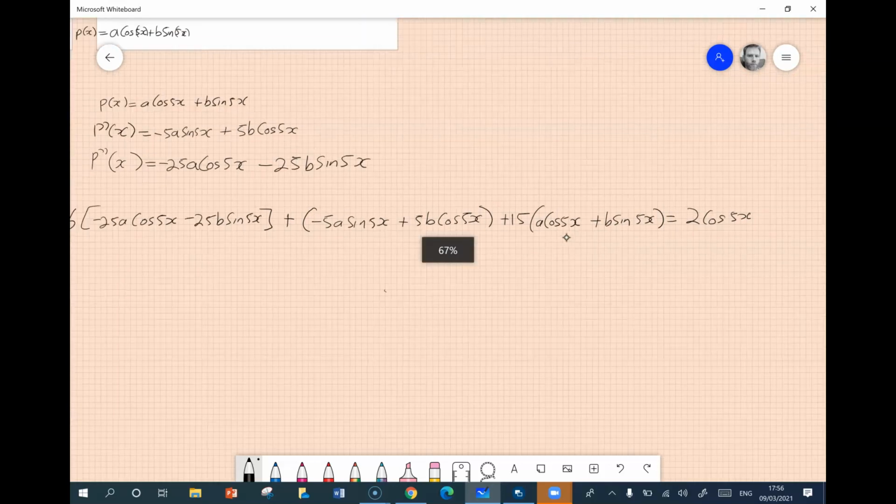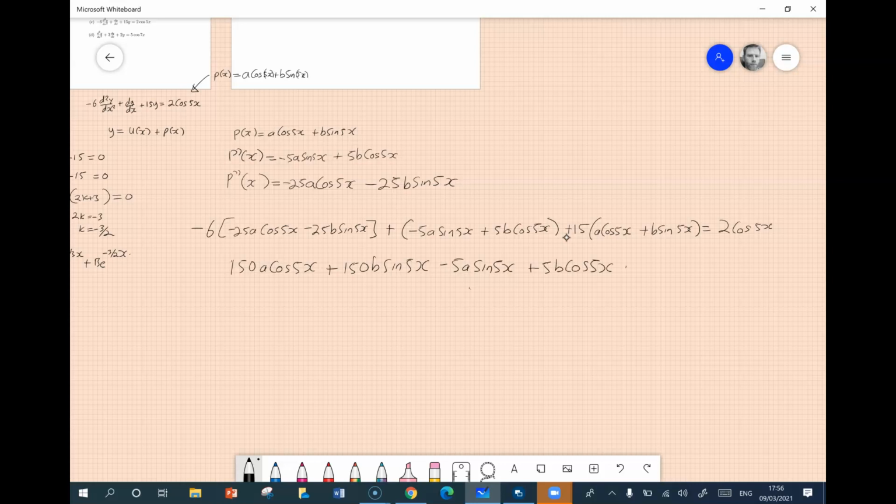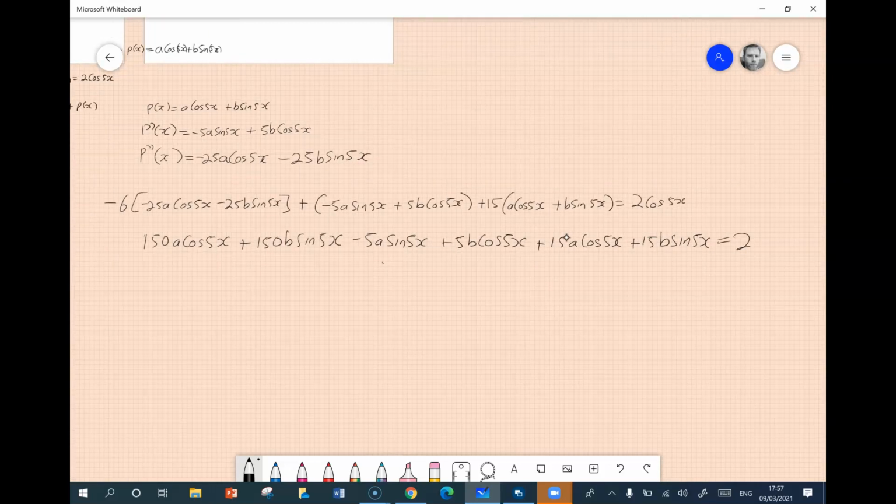Okay, so we just tidy that up now. Multiplying in, minus 6 by minus 25 gives me 150a cos 5x plus 150b sine 5x minus 5a sine 5x plus 5b cos 5x plus 15a cos 5x plus 15b sine 5x, and all that equals 2 cos 5x.